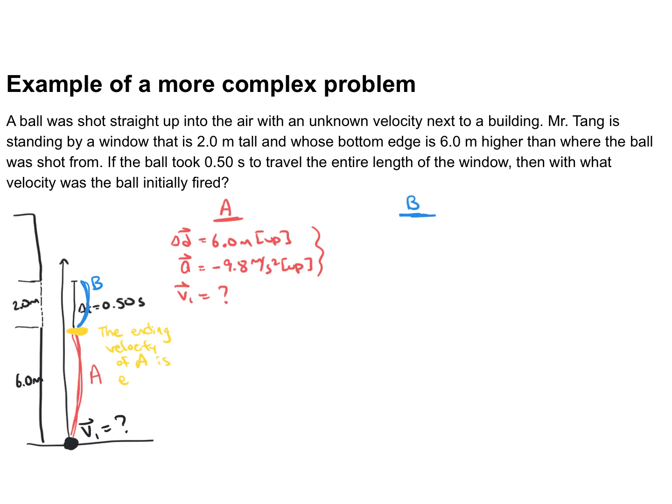So whatever velocity it had at the end of part A, that's going to be the velocity it starts with at part B. And that's actually a connection between the 2 parts. So if I can somehow find that out in part B, I can transfer that information to part A. And that might help me to go back and solve part A.